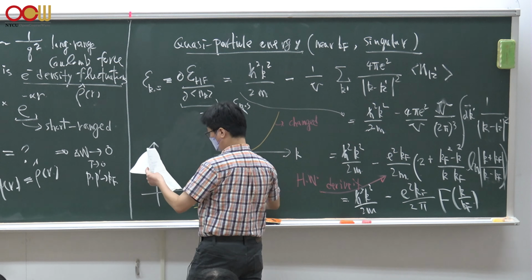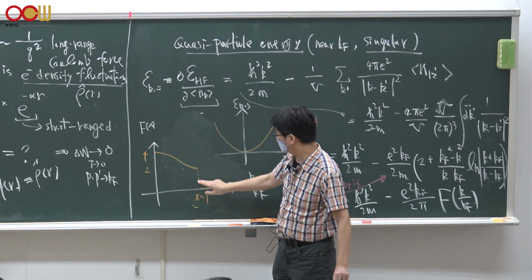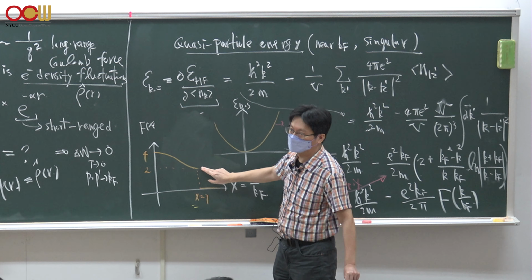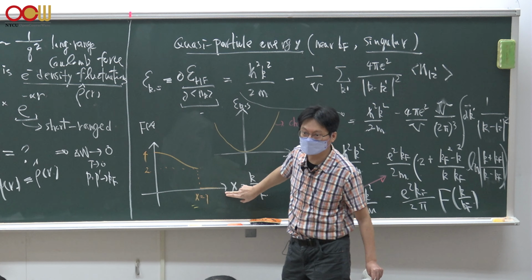So the f function has this continuous jump right at the Fermi momentum, when x is equal to 1, k equals kF. So f of x goes like this smooth curve decreasing from 4 to 2 right at the Fermi surface when x is equal to 1. Then this value of f of x just jumps to 0 right away.